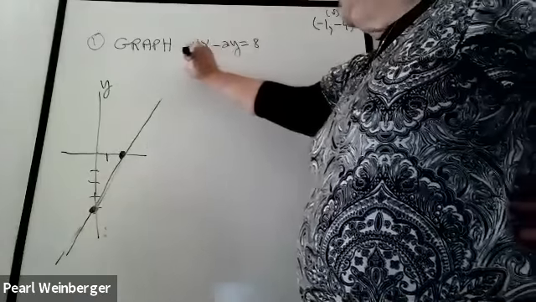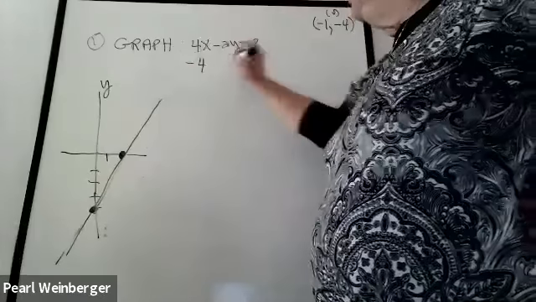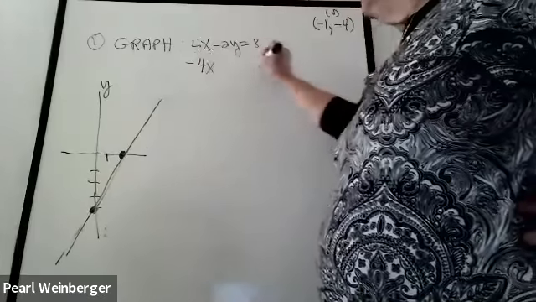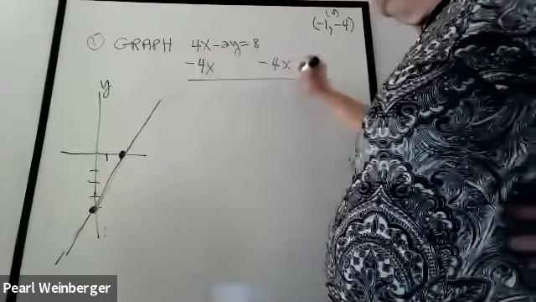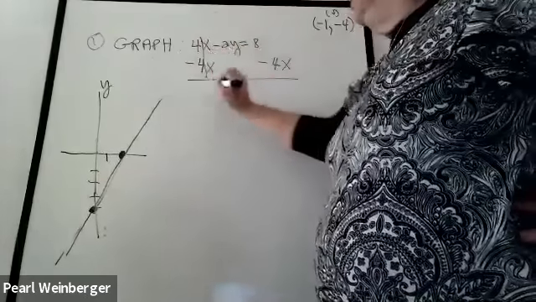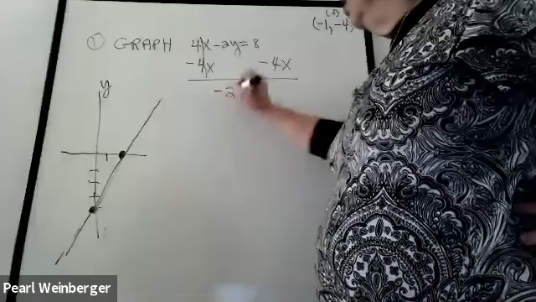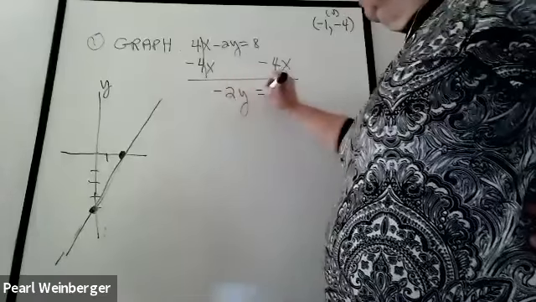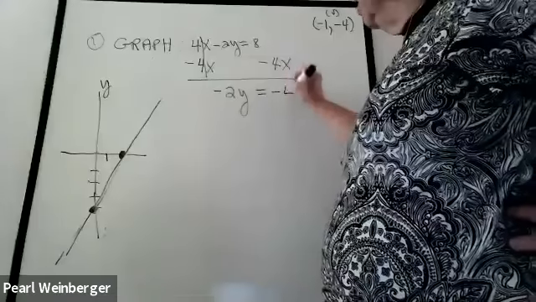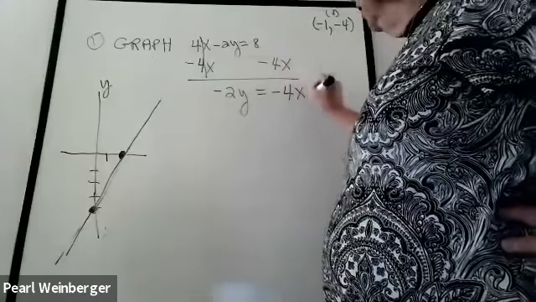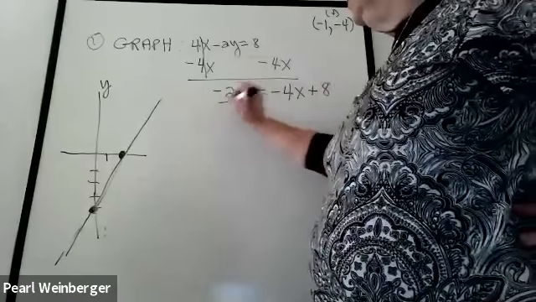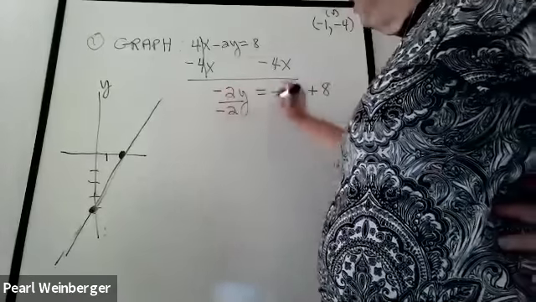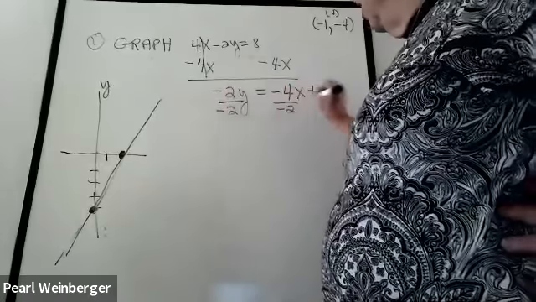I would first have to subtract 4x from both sides. Remember, we did this before. That'll leave me negative 2y equals negative 4x plus 8. And now I have to divide everything by negative 2. In other words, I'm solving for y.